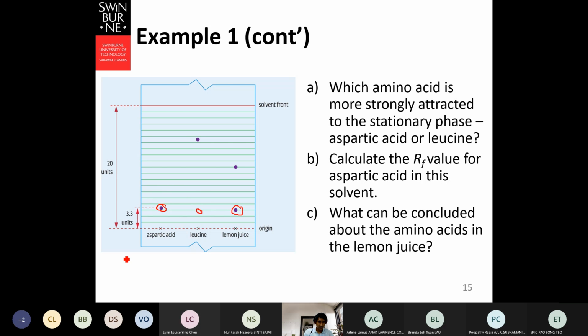Oh, sorry, that is not the origin, this is the origin. We put it here, along this line. So here one we put, here another one we put, right?